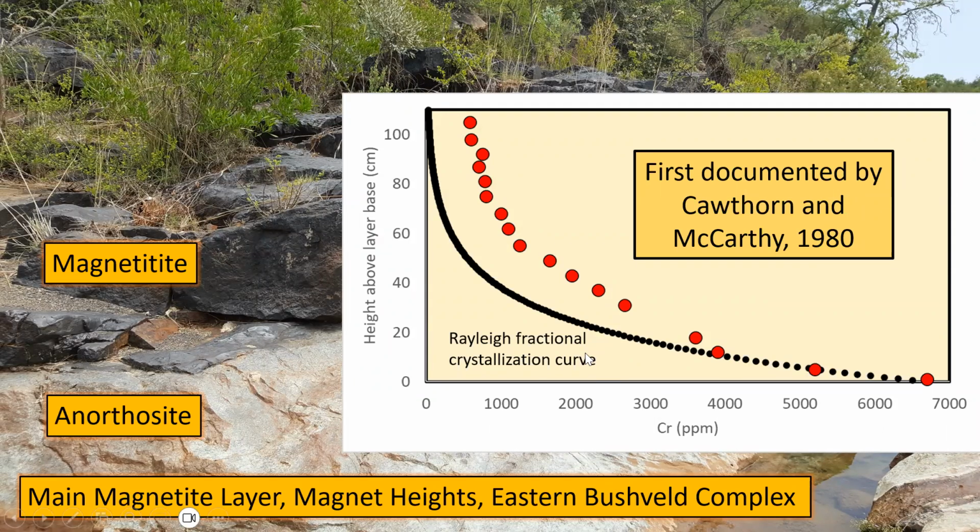And what they found is this is actually impossible to do, since initially you have a really strong depletion in chromium, and then it starts to slow down. So it causes this breakaway from the pattern predicted by Rayleigh fractional crystallization. Now, this is a really important observation that I'll get back to in a short while.